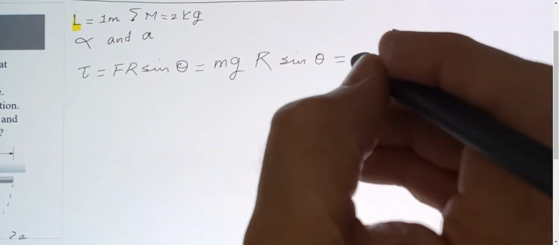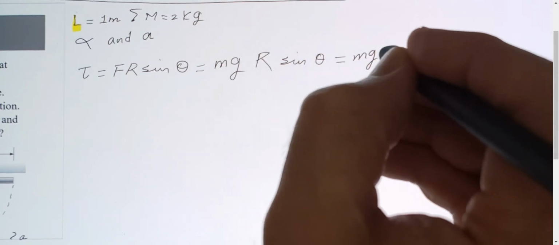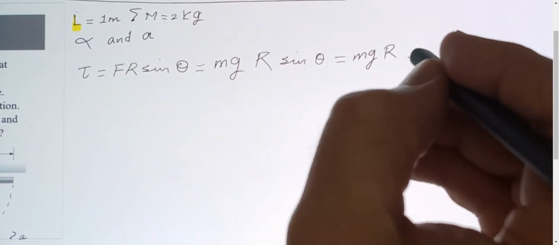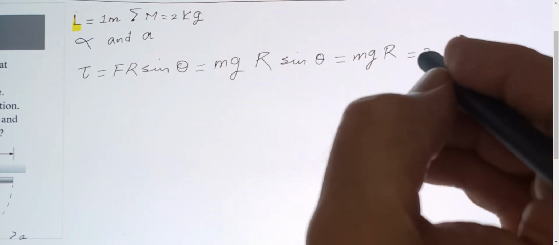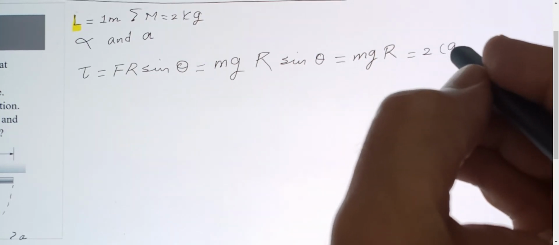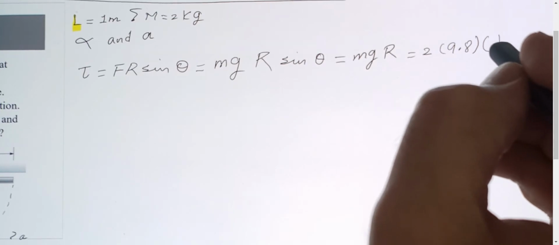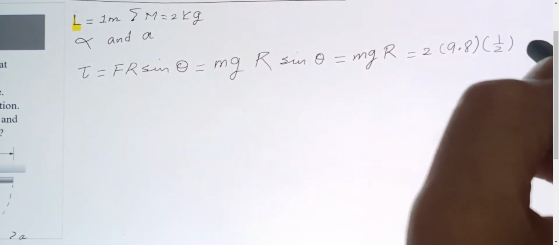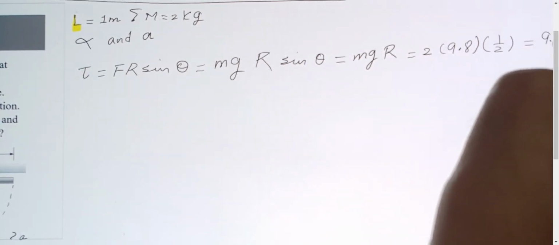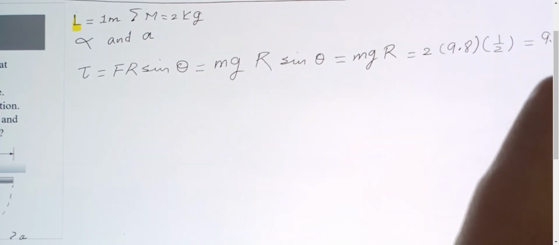So that means mgr. We put the values: 2 multiplied by 9.8 multiplied by half. That is 9.8 newton meter.